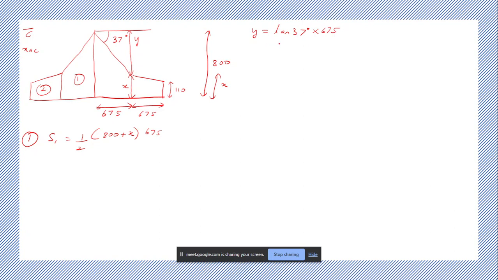Is everybody following this? Yes. So what is this value? 508.65. So what is x?